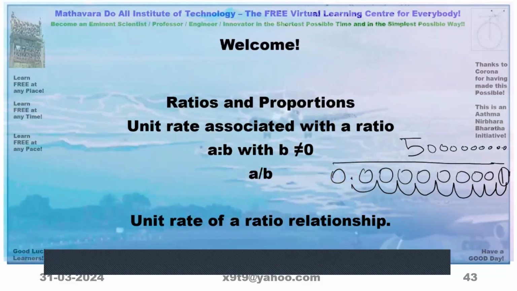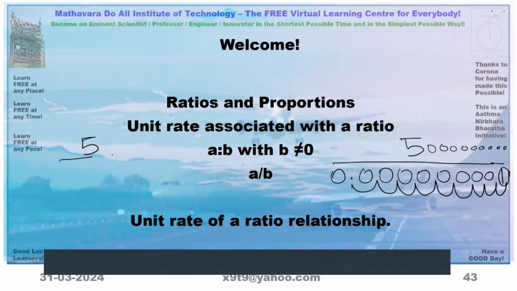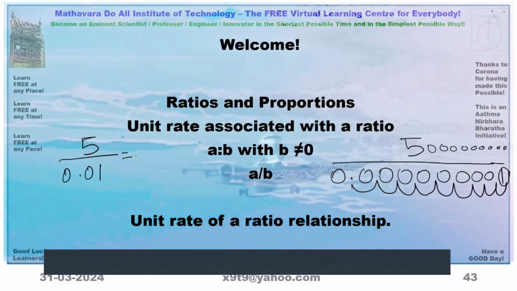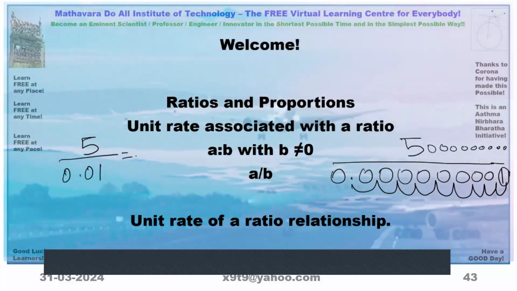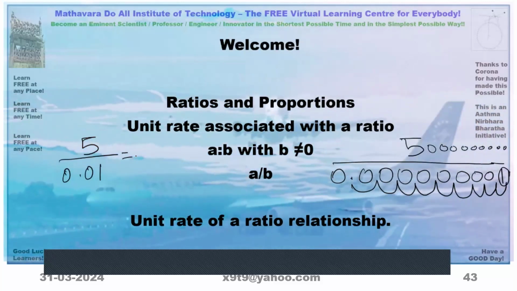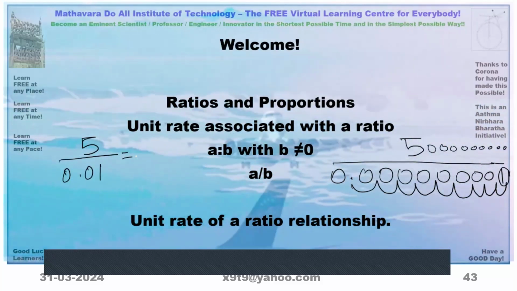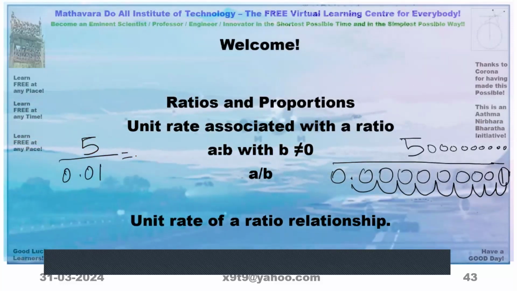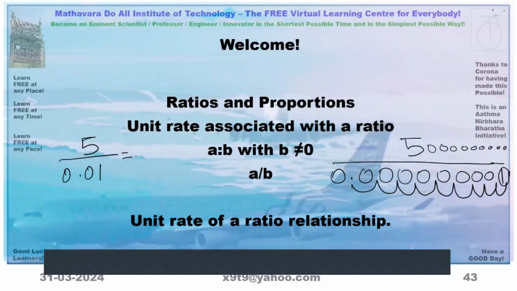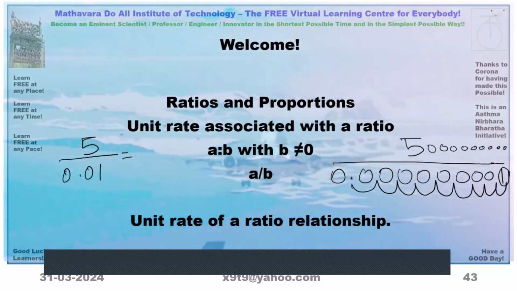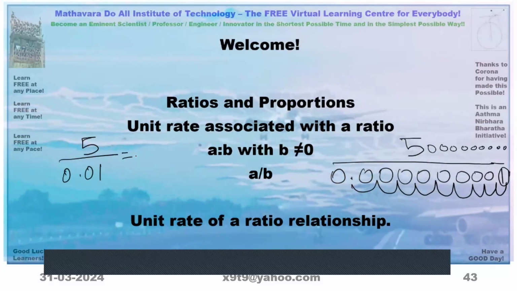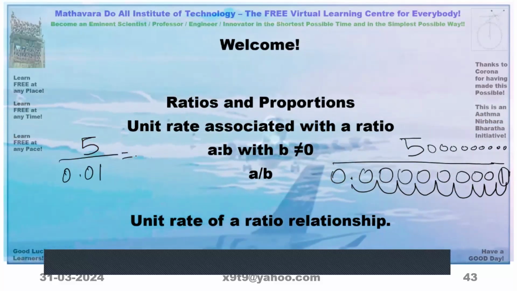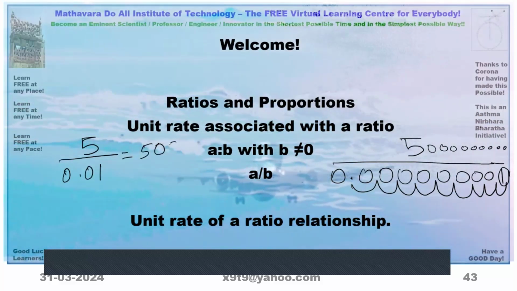So if we divide this 5 by 0.01, what will you get? 5 divided by 0.01 is 500.